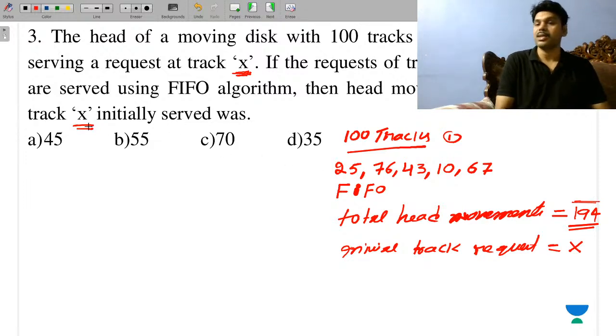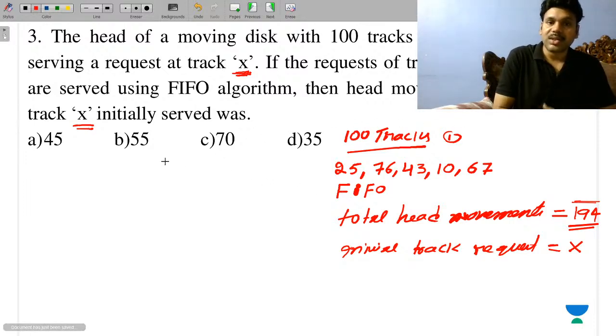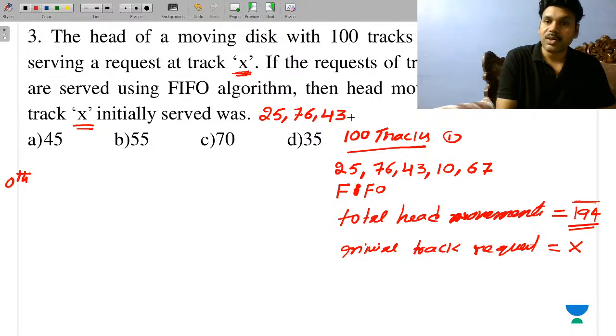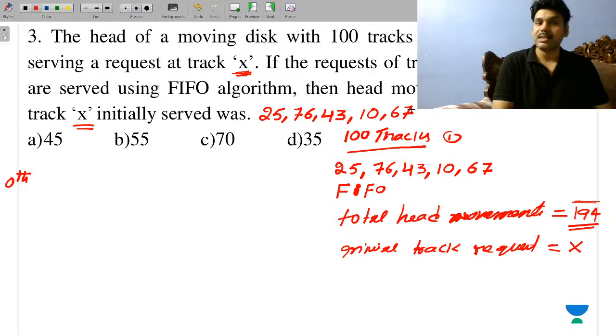That's what he is asking. Let us take the requests here. We are starting from the 0th one, and some requests have come: 25 is a request, 76 is a request, 43 is a request, 10 is a request, 67 is a request.